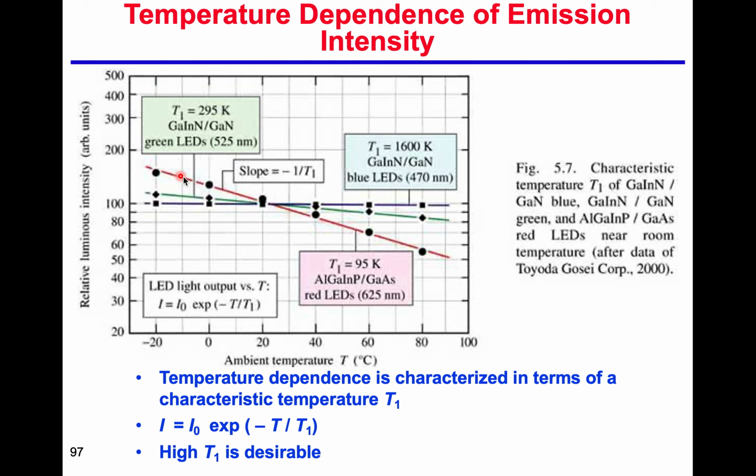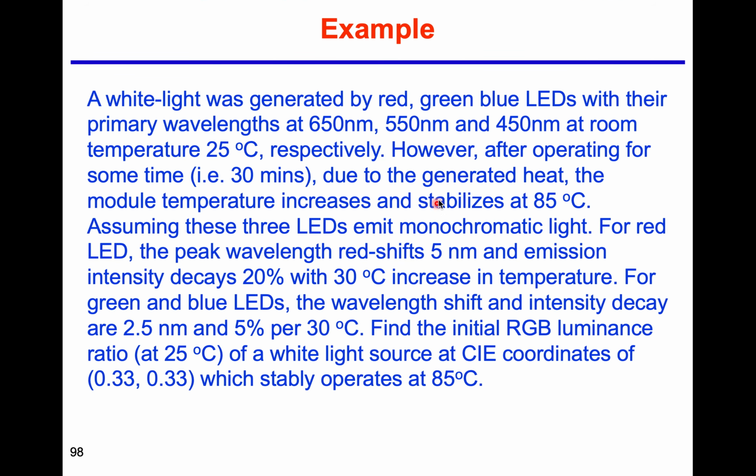That is a more severe issue for smaller bandgap materials. So that's more serious for the red one, and not so serious for the blue one. So here is a very simple example about the white light LED.